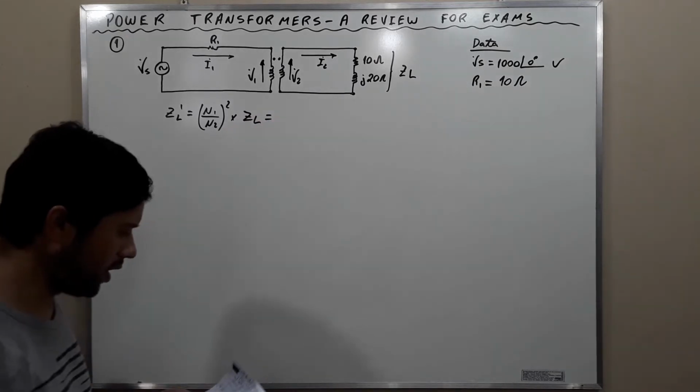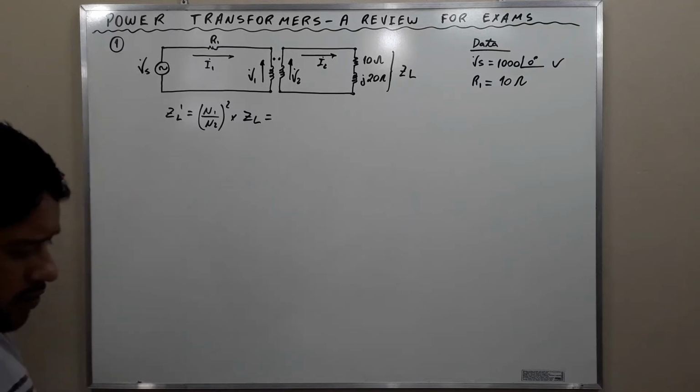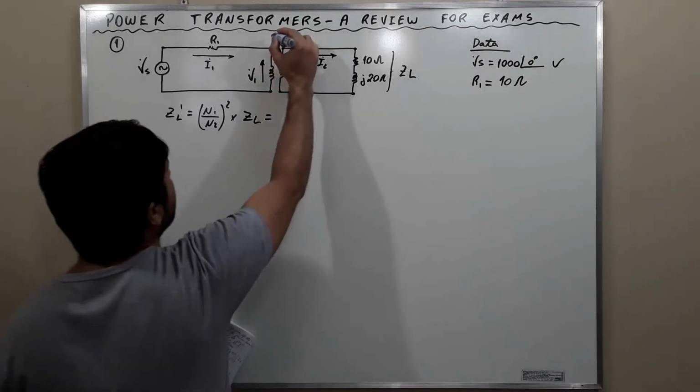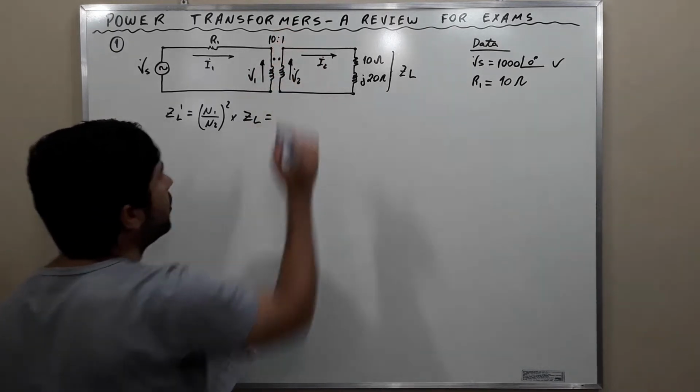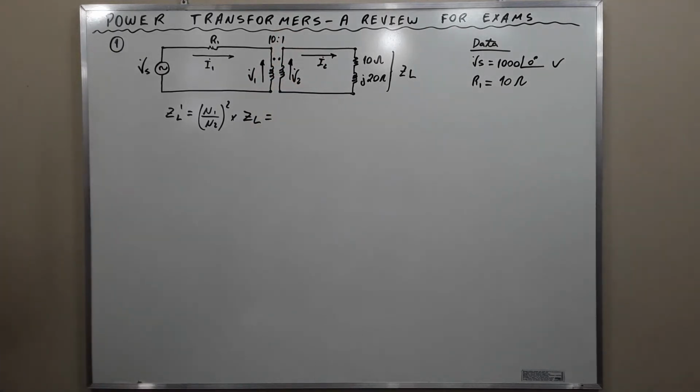The exercise said that the turns ratio of the transformer is 10 to 1, so we use 10 to 1.